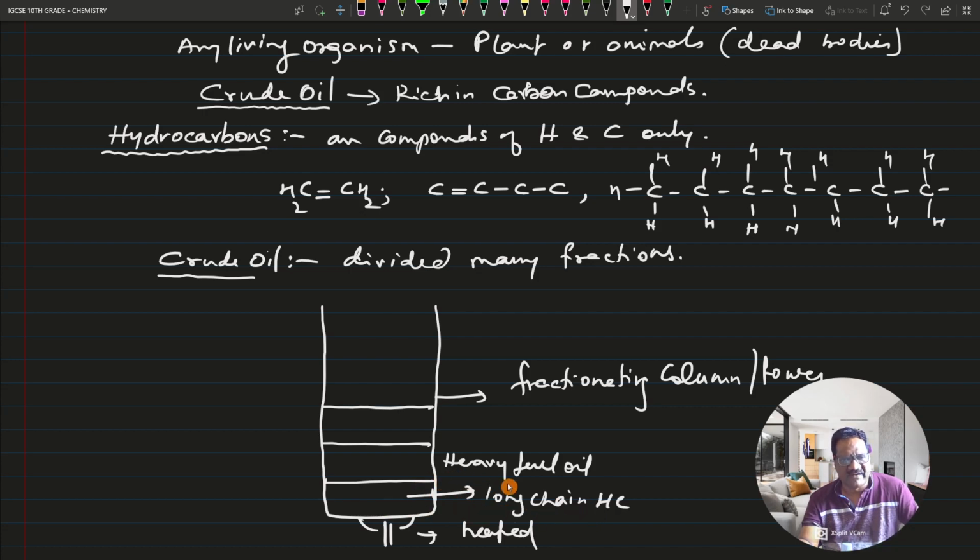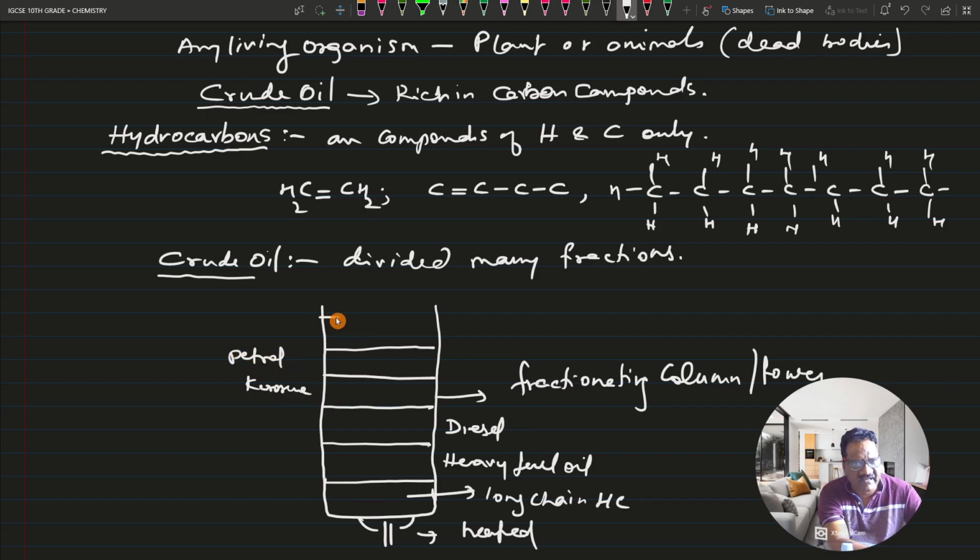Above that, you will find heavy fuel oil. Above heavy fuel oil, you will find diesel. Then above diesel, you will find kerosene. Then you have petrol.